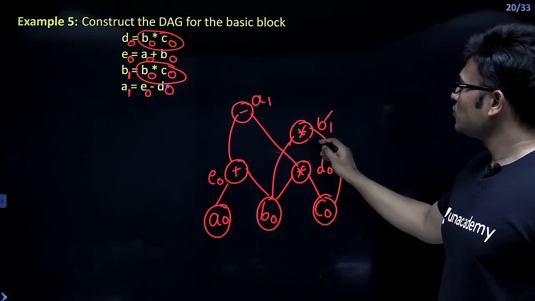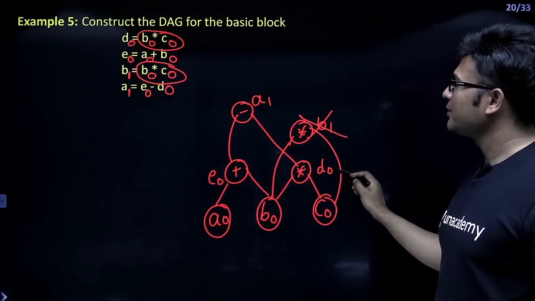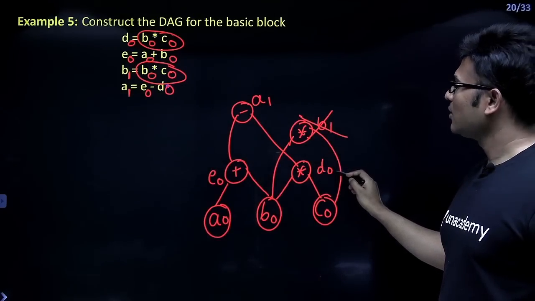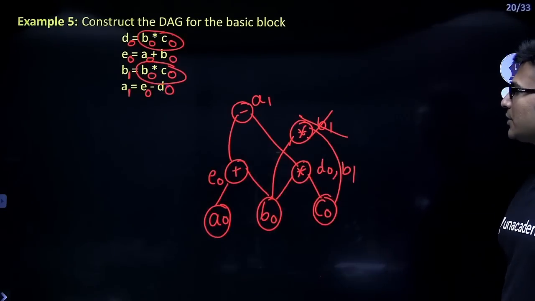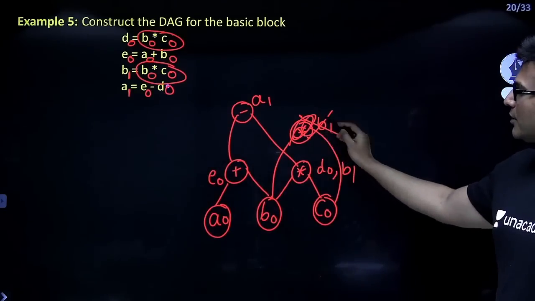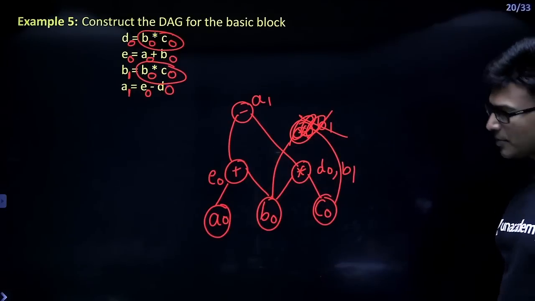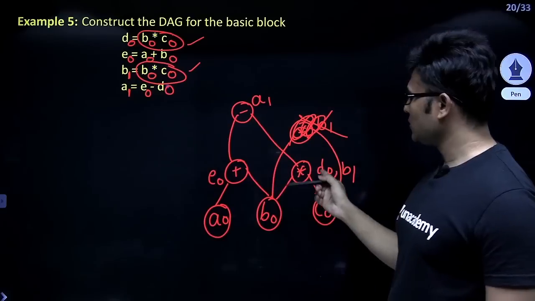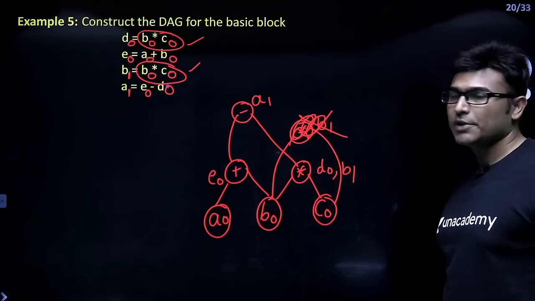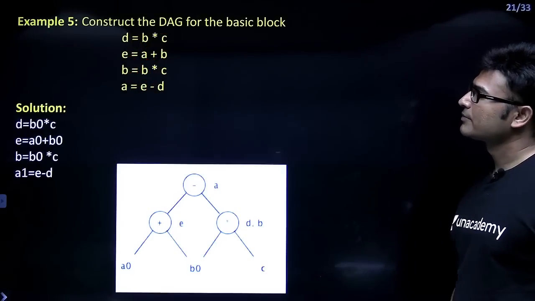I could have used B1 here, right? So here D naught and B1 both are the same. So this is not required because clearly there is a common sub expression, B naught and C naught. Both of them could have been represented using the same node.